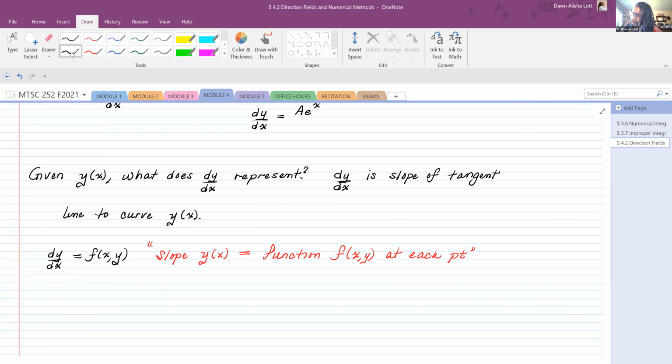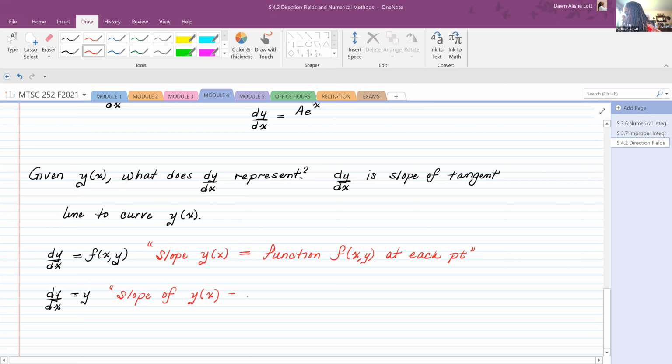So therefore, if I tell you dy dx is equal to y, I am essentially saying the slope of the solution y of x is always equal to the current value of y.